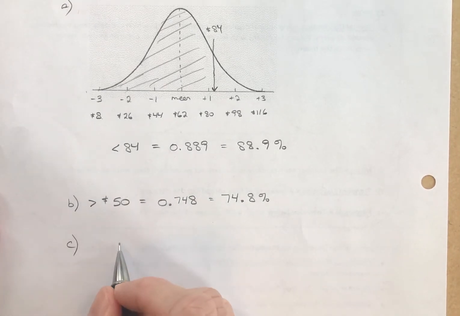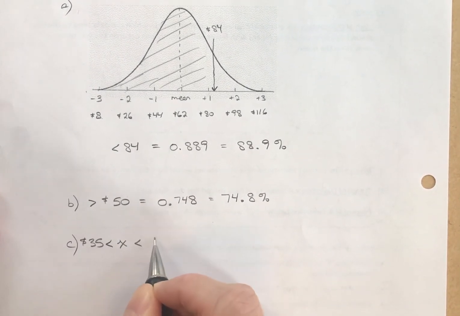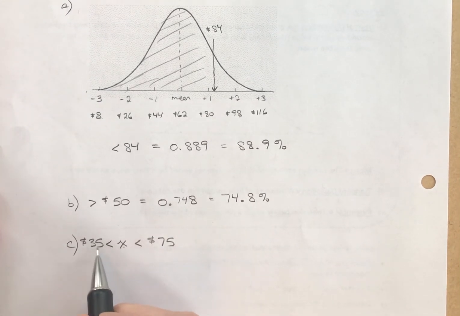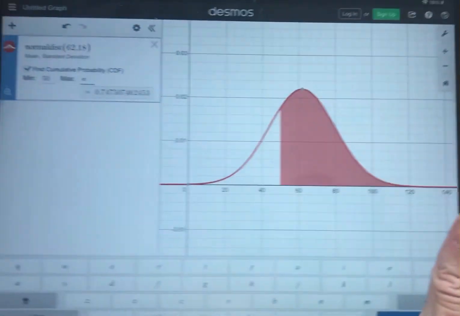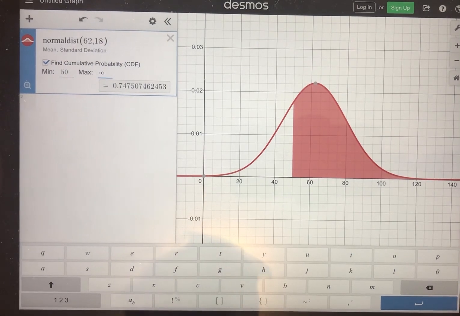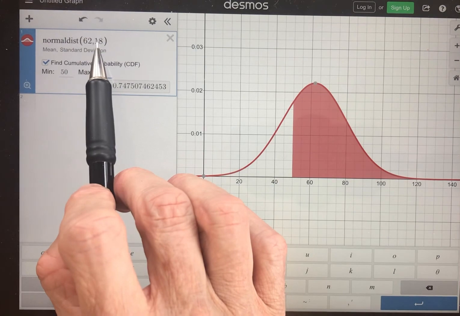I want to know what is, well, greater than 35 and less than 75. So here is between 35 and 75. Back to Desmos. No math required. How about that? Okay, so I've got my curve, my mean, and my standard deviation.